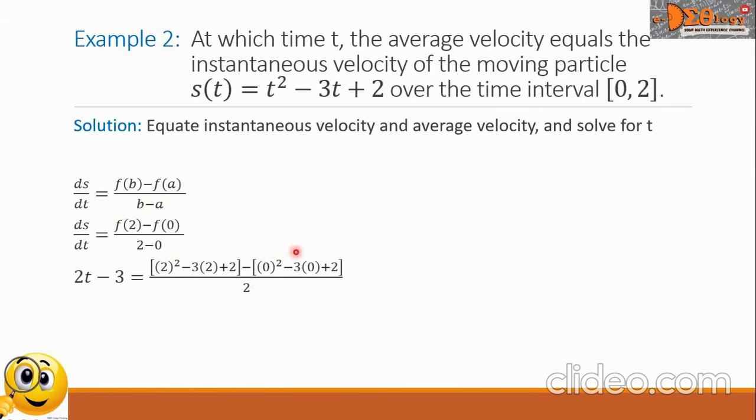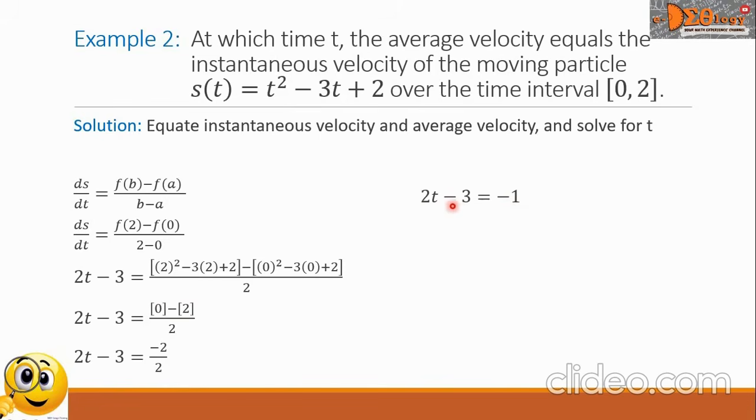Simplifying the two big groups in the numerator, we have 0 minus 2 all over the denominator 2. So the numerator here now becomes negative 2. And when we divide this by 2, we simplify the equation into 2t minus 3 equals negative 1. Let us now solve for t.